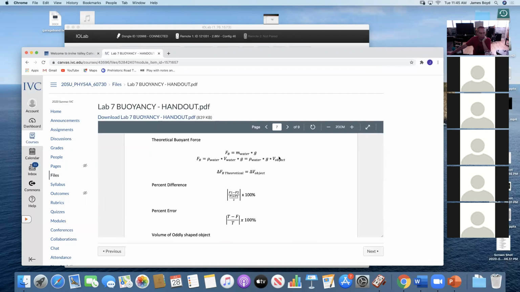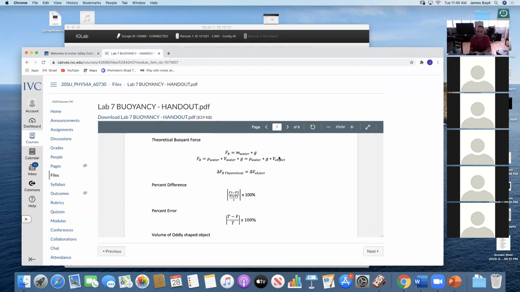That is your theoretical. So for this thing, I said that it was 40 millimeters, right? Yeah. So pi times pi divided by 6 times 0.04 times 0.04 times 0.04.